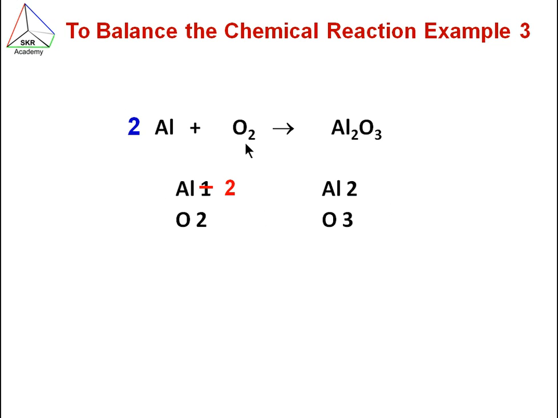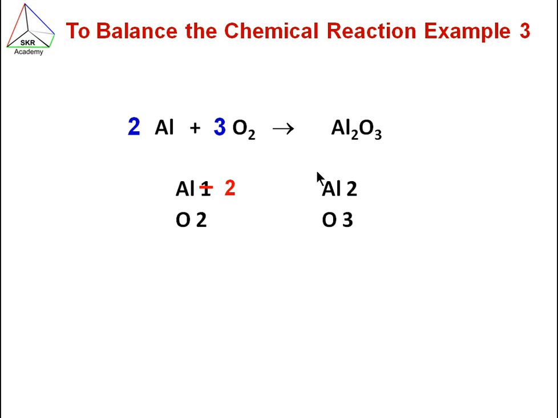And now what to do? You can see on the left hand side there are 2 oxygen, and on the right hand side there are 3 oxygen. To balance them we cross multiply: 2 multiplied by 3 and 3 multiplied by 2, then they will become 6 on both sides.